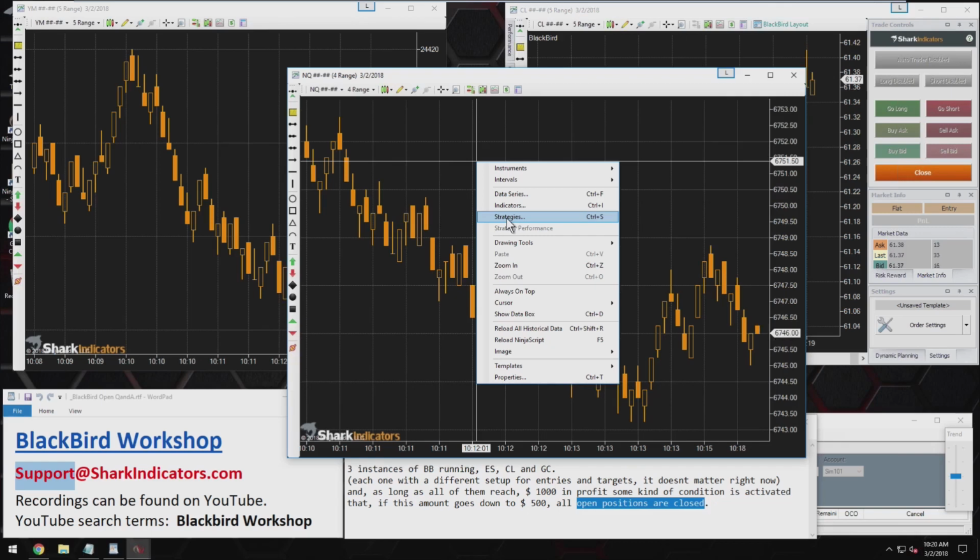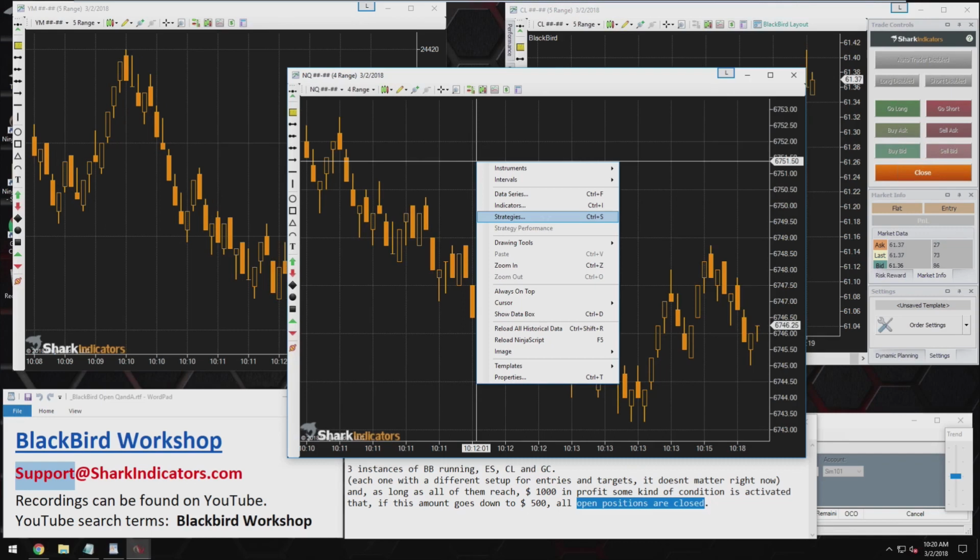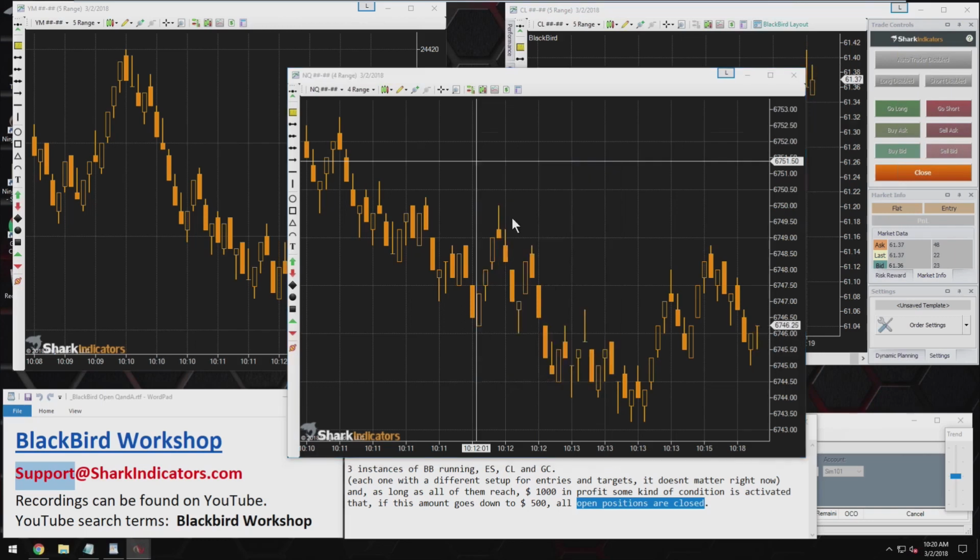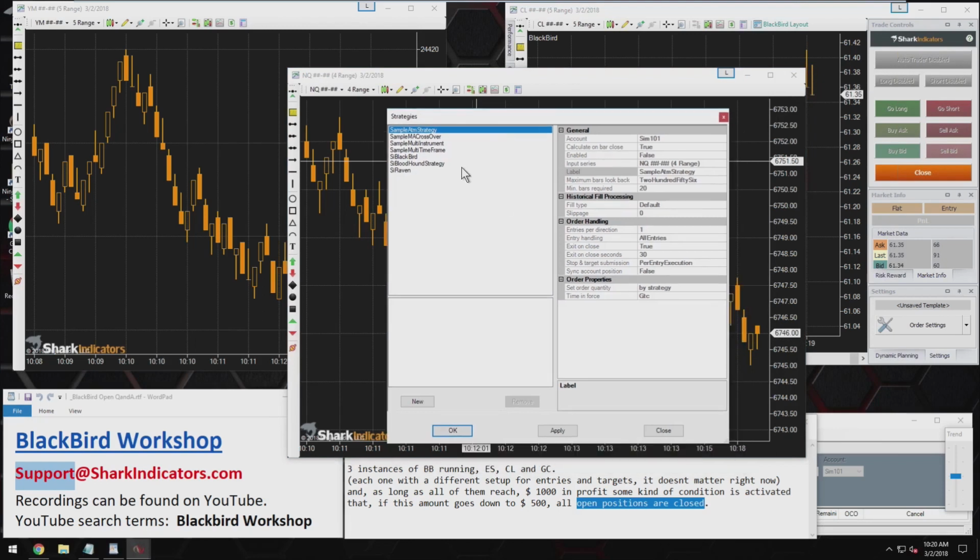Any add-on product that does trading is going to be in the strategy class. Indicators cannot trade. Indicators only do mathematical calculations. It's the strategy class that can actually do the trading and trade management.